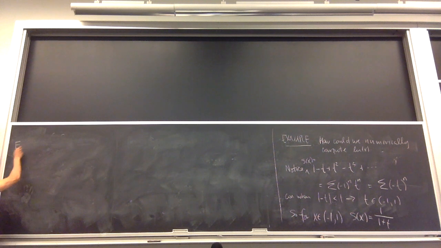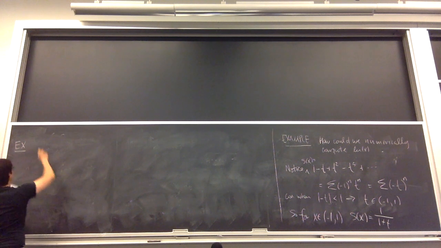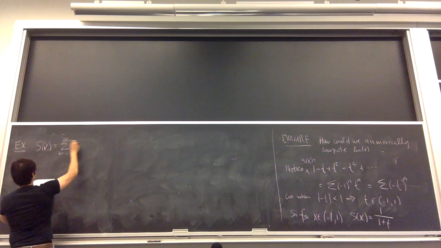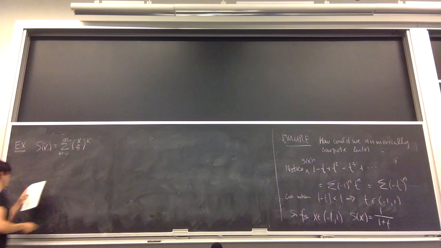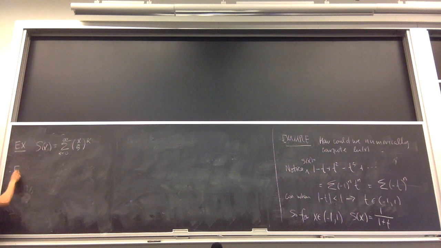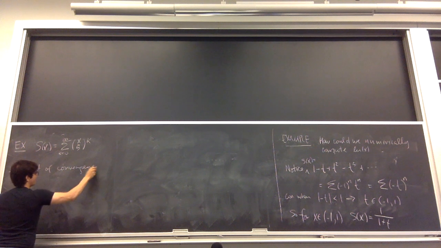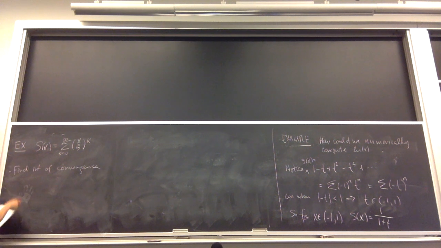Okay, so here's your exercise. Again, go to the notes. Here is a power series. Find the interval of convergence. As in, tell me what x is, this will converge.